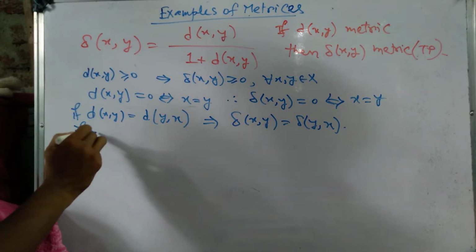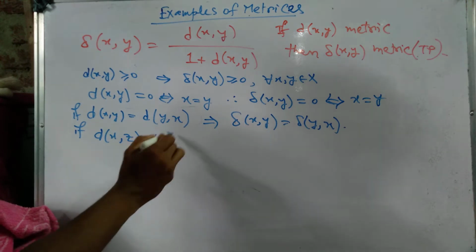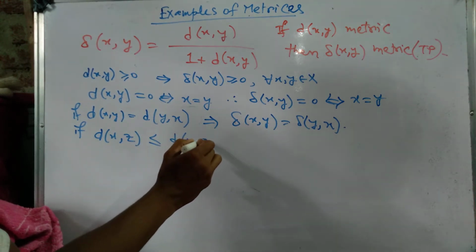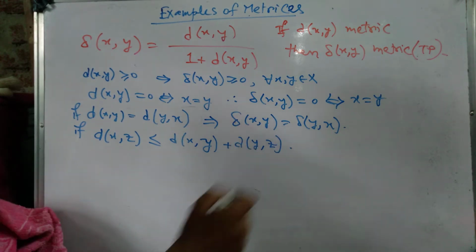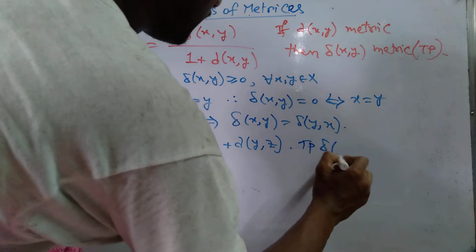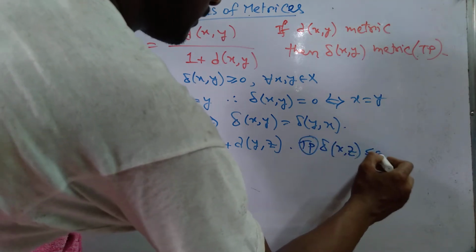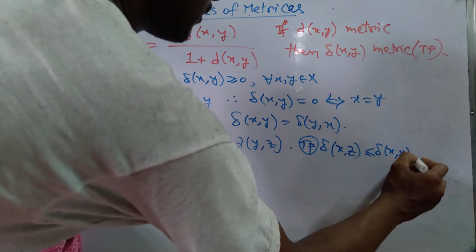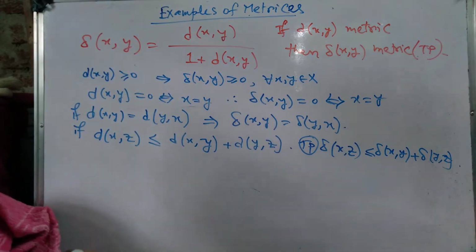If d(x,z) is less than or equal to d(x,y) plus d(y,z) holds, then we have to prove that delta(x,z) is less than or equal to delta(x,y) plus delta(y,z). How do we prove it?